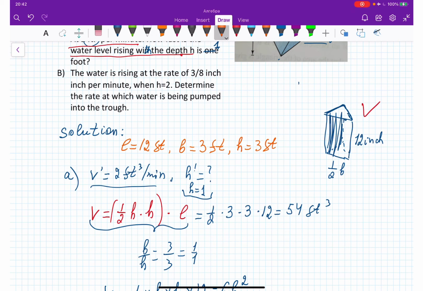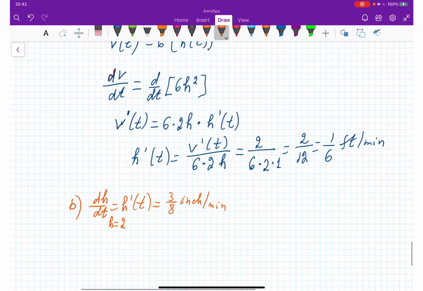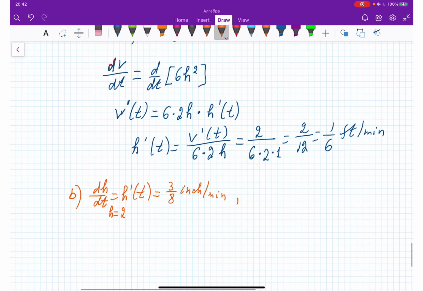Determine the rate at which water is being pumped into the trough. All right. So which means the rate it's being pumped into the trough. Now, here it is asking the rate of change of the volume. Okay? Which means we need to find V prime of t is equal to question mark.